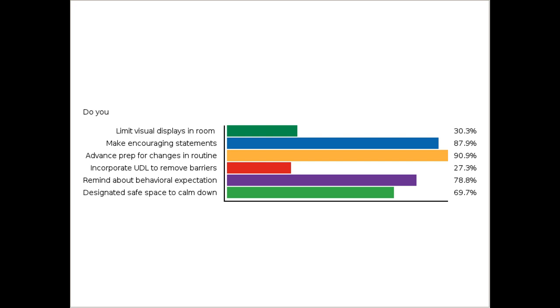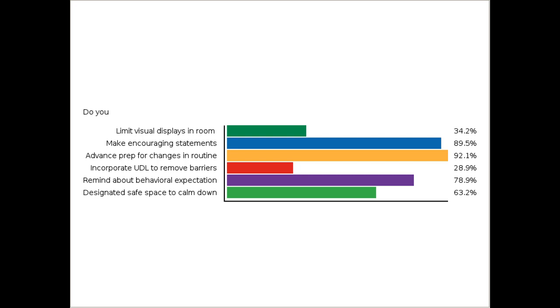I see that encouraging comments, that's very good, a positive approach, that's helpful, and being very specific about the behavior that you see. And the other one is advanced preparation. Yes, that will prevent a lot of meltdowns, especially for students with autism. And using cue cards and all that, it looks like we can definitely do more on limiting the visual displays because that also adds to the sensory overload of the student.